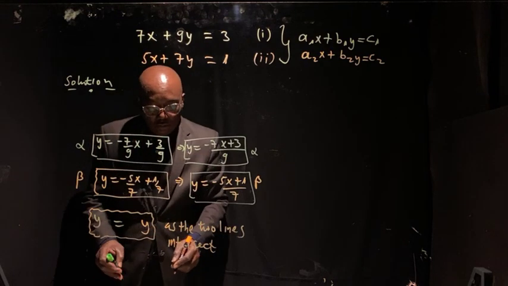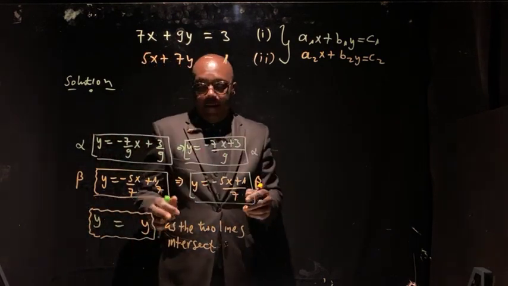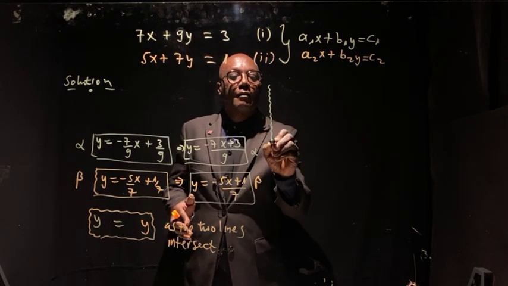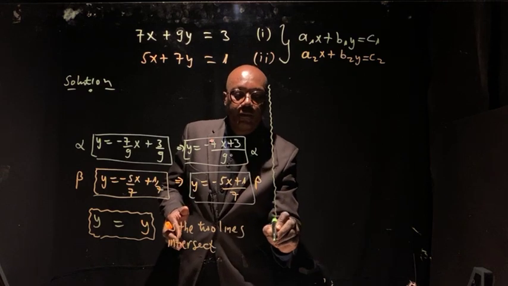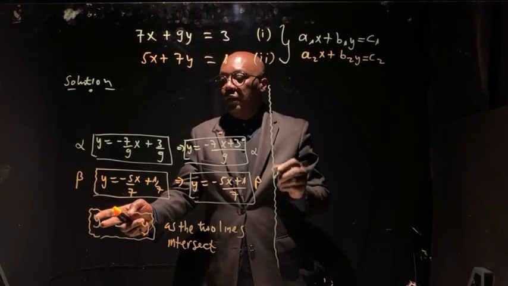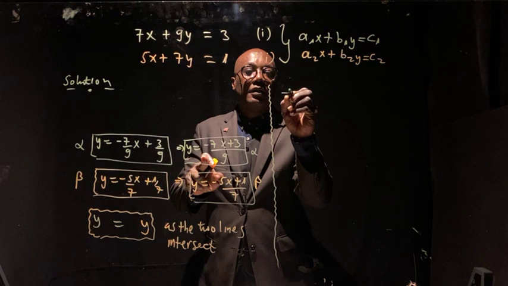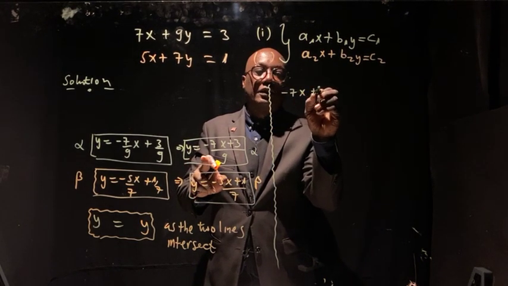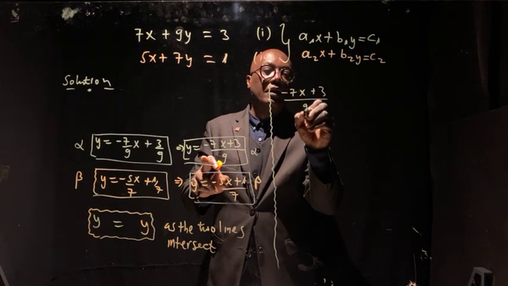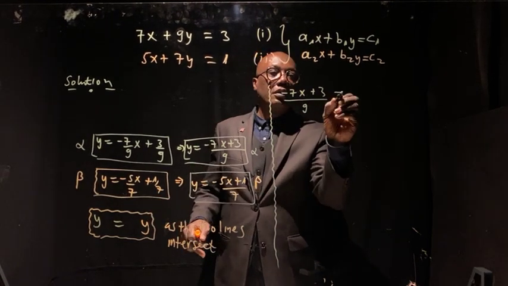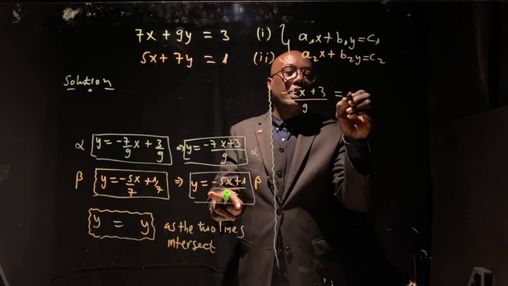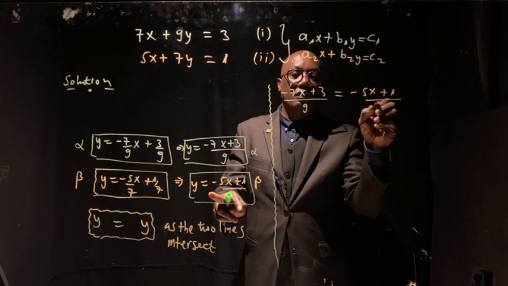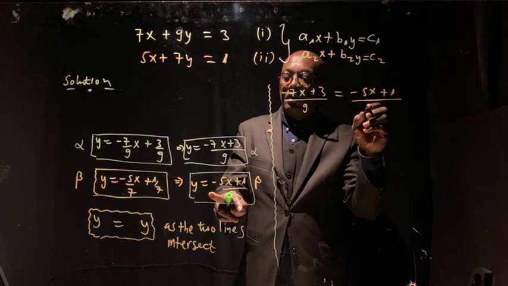In which case we will have y is minus 7x plus 3 over 9 equal minus 5x plus 1 over 7.